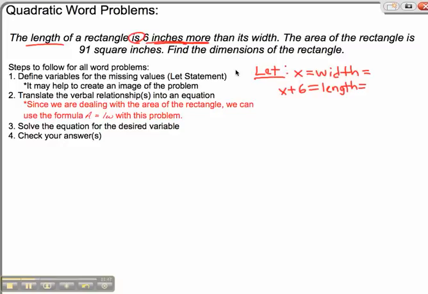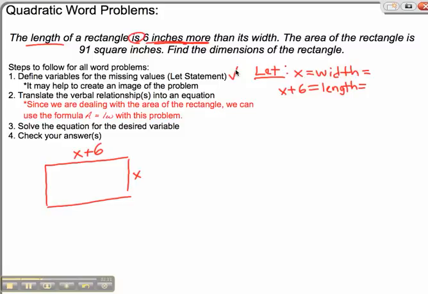So now, that takes care of step 1, but it might help me here to have an image of what's going on. If I draw a rectangle, okay, I know the width is x and the length is x plus 6. Now, next I have to translate the verbal relationship into an equation. It talks about area, so that should tell you right away you're dealing with the area formula.